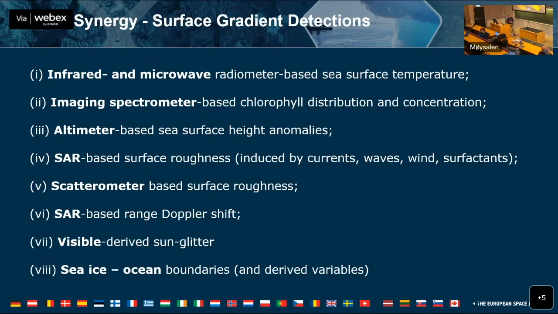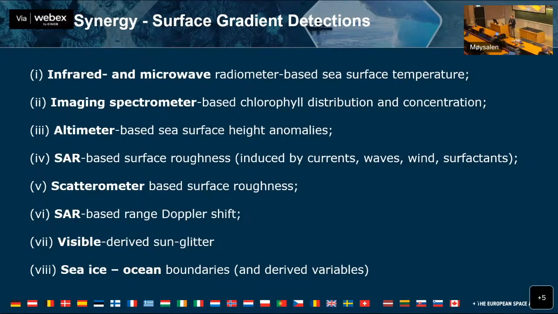But what we mean with sensor synergy now is perhaps important to remind you all about. You may have a clear understanding of it already, but it is simply going after the frontal structures in any kind of imaging, satellite imaging system.